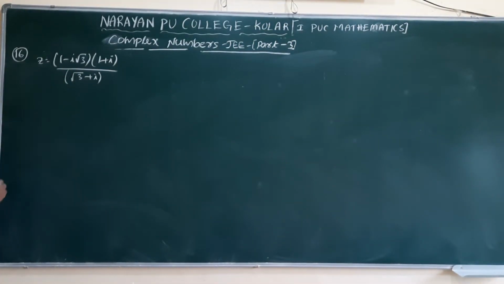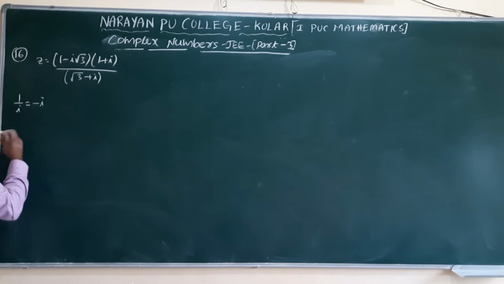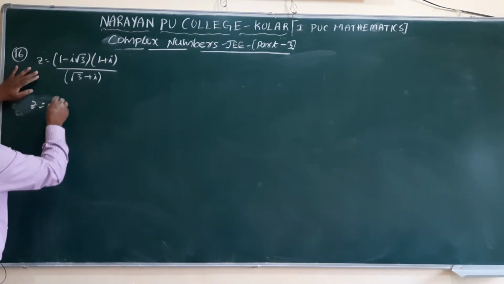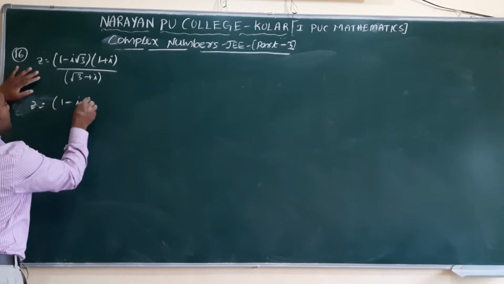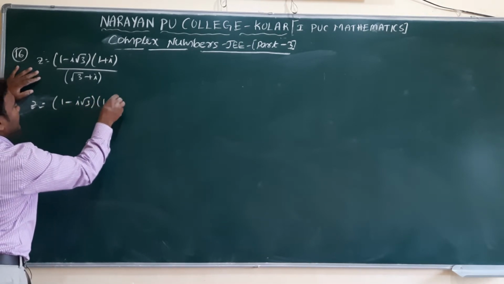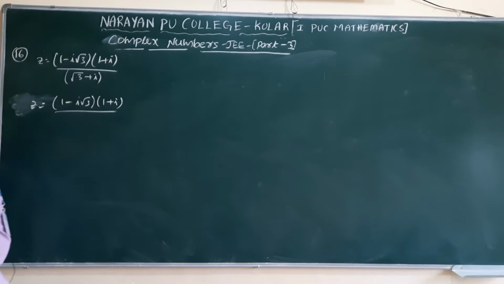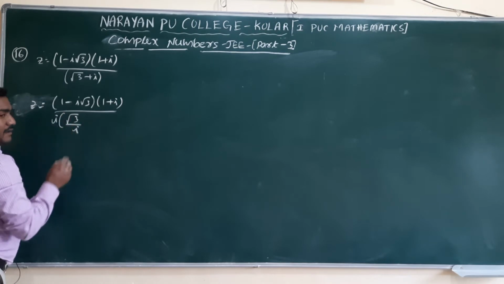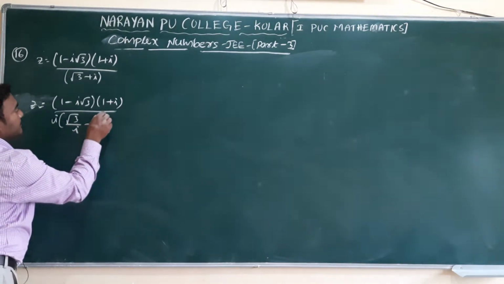So already we know the concept that 1 by i is equal to minus i. Here z is equal to (1 minus i root 3)(1 plus i). In the denominator we take i common, so we get i times (root 3 by i plus 1).